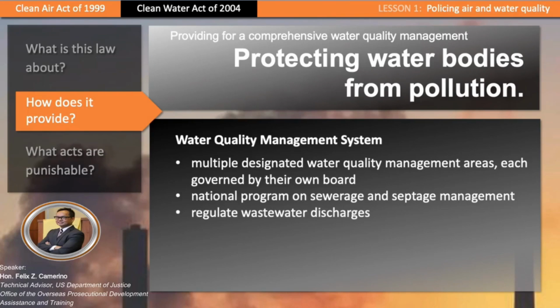The other thing worthwhile mentioning is that it regulates wastewater discharges. This is when there is something that needs to be discharged, and generally because they're fluids, it makes sense or is convenient to discharge them into a body of water that this law protects from pollution.